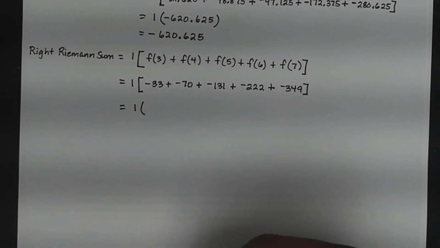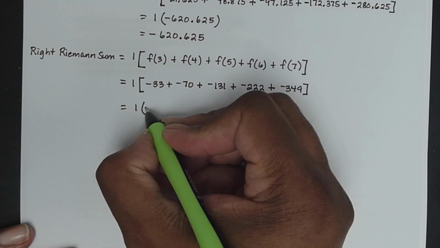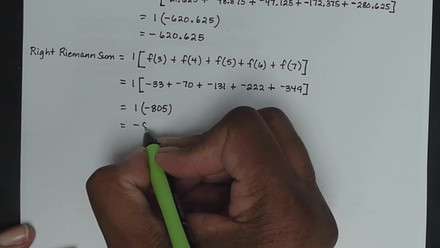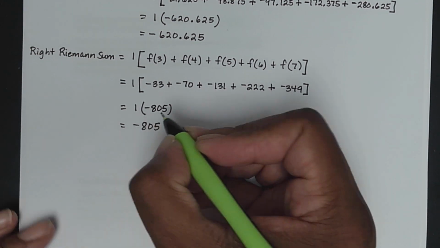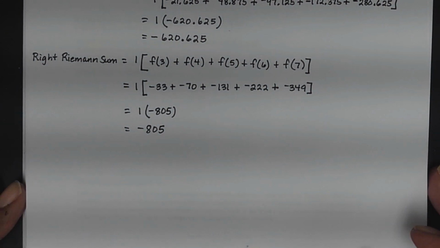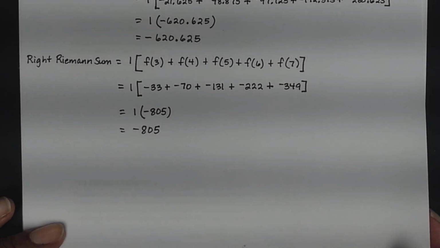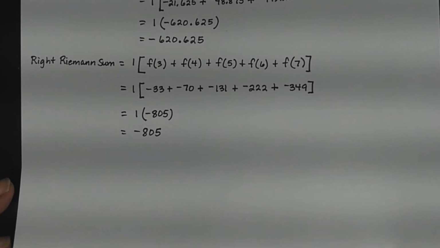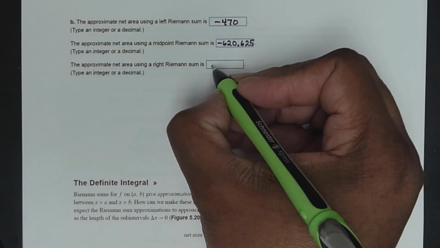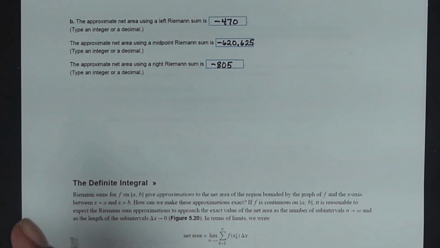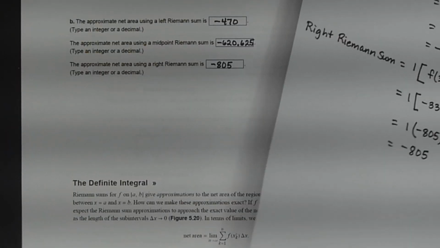So I have 1 times negative 805, which will be negative 805. So that is going to be the approximate net area for the right Riemann sum. So using the right Riemann sum, the approximate net area will be negative 805.